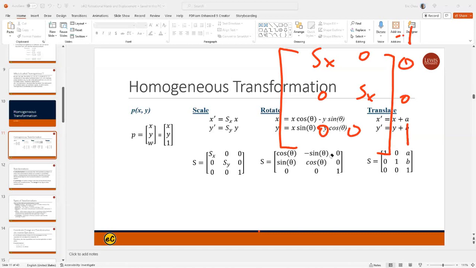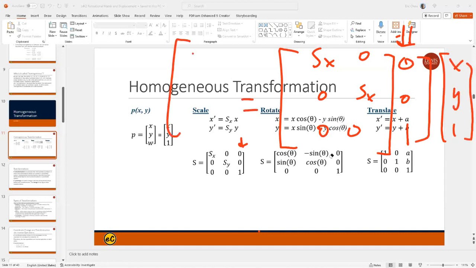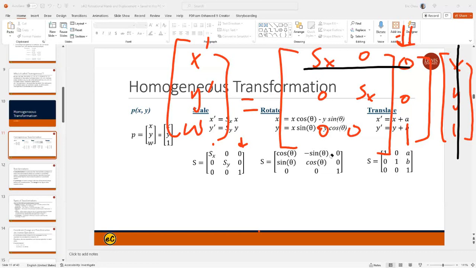This extra line here is only for displacement. Times x, y, 1, you create a new vector, x prime, y prime, w. So you have Sx, 0, 0 times x, y, 1, and you get Sx times x.